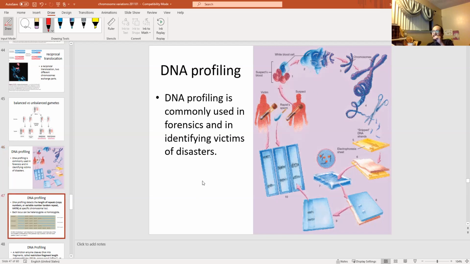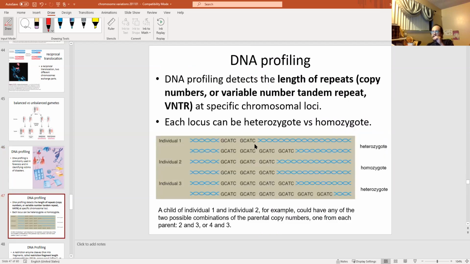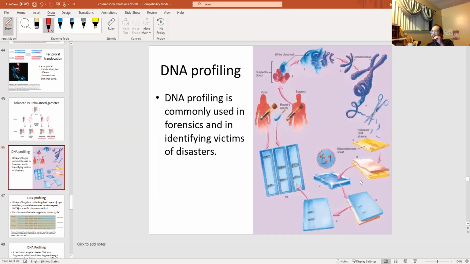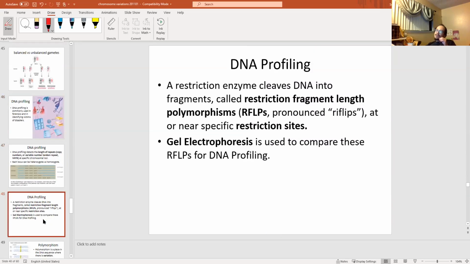We will selectively cut on this side, so we will remove this fragment, and then we can go through this gel electrophoresis to identify their location and to match if they are the same or not. The way that we cut it is we use an enzyme. This is called a restriction enzyme.